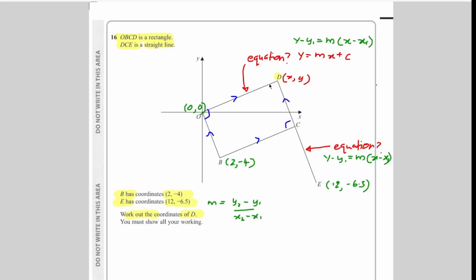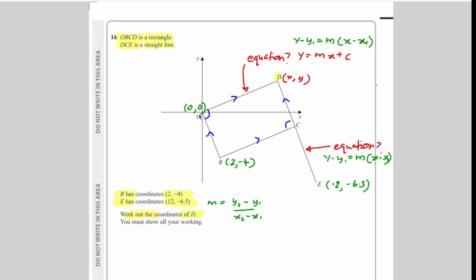Now in this case, we have only one coordinate. Then straight away we can't use this formula, right? Then let's see that this is perpendicular to this one. If you can get the gradient of this line OB, which is perpendicular to OD, then you are done. You can get the gradient of OD.